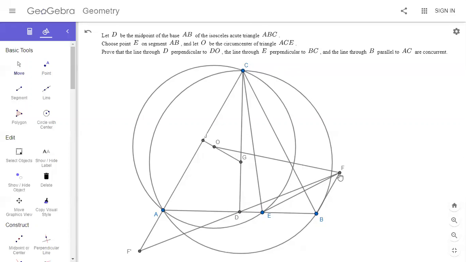So basically, we defined F to be the intersection of the parallel through B to AC with the perpendicular through E to BC. The question says to prove that three lines are concurrent. So we let F be the intersection of the two lines through E and B, and then we want to show that the other one also passes through it. So if we can show OD is perpendicular to FF prime, then that would solve the problem.